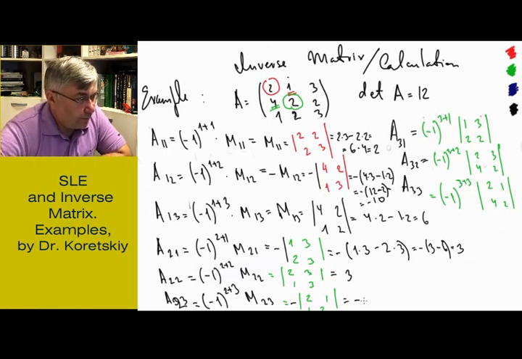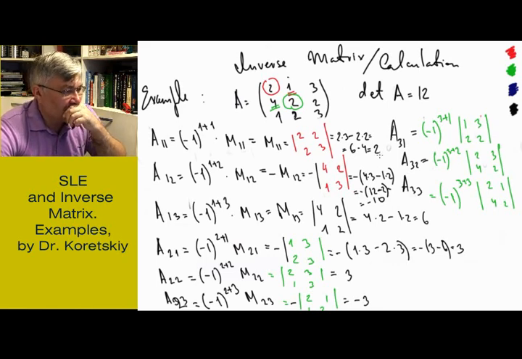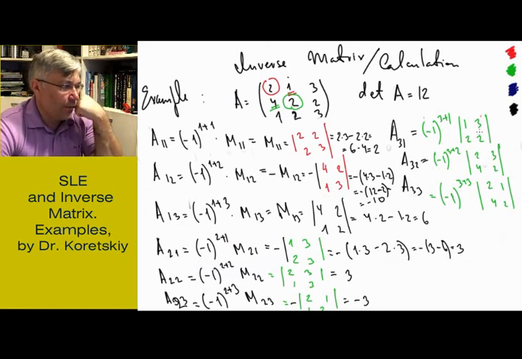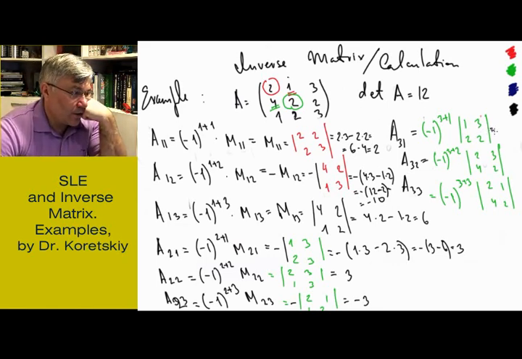Here we have 3 plus 1, it is 4, so consequently this is the positive number. And we have 2 minus 6, it is minus 4, and it is minus 4 here.